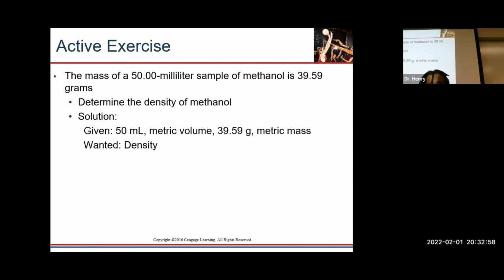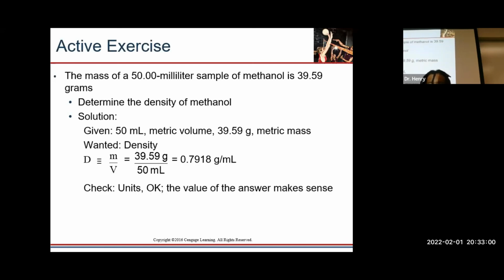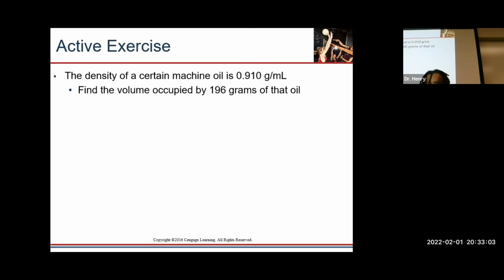We're in the home stretch now. Oh, wait, one more question and then we can high five. The density of a certain machine oil is 0.910 grams per milliliter. Find the volume occupied by 196 grams of that oil. What's going to be used as my conversion factor?